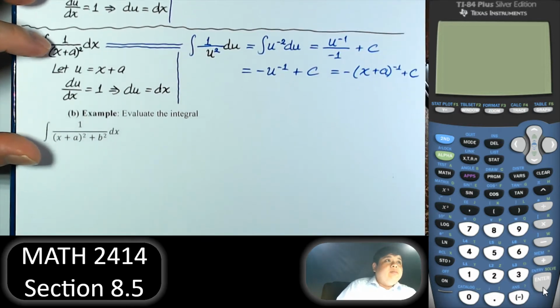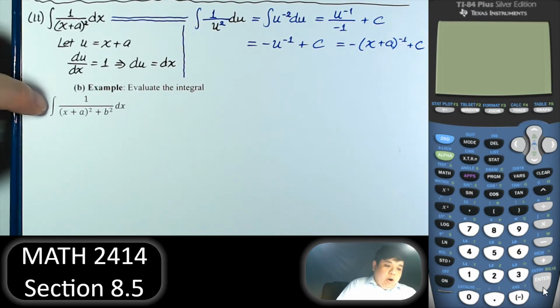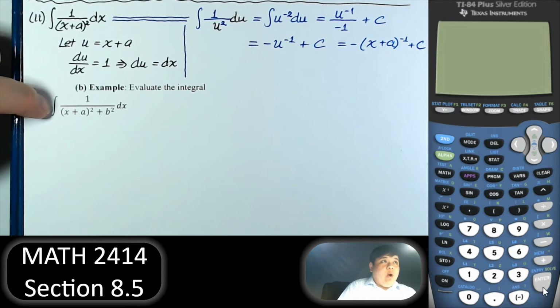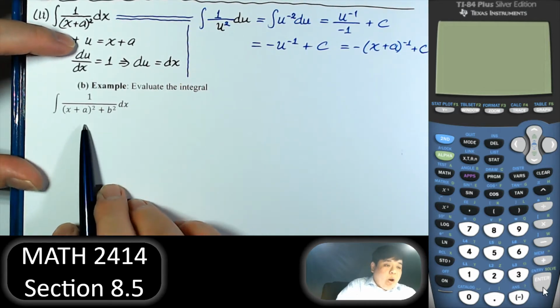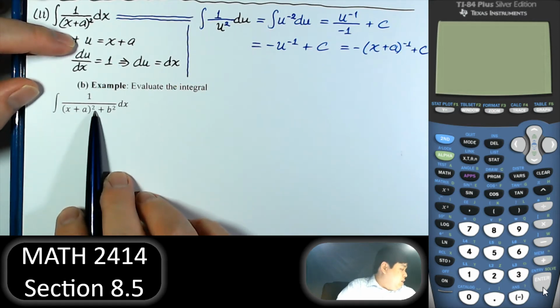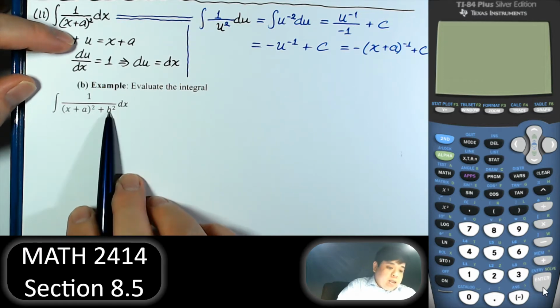Right. Next, we're going to have that. Potentially we have a quadratic factor as well. For an irreducible quadratic factor, we can write it in this form. Now, this is something squared plus that.